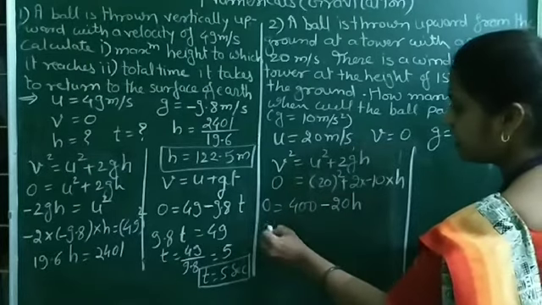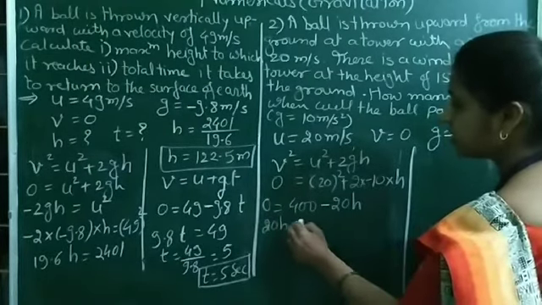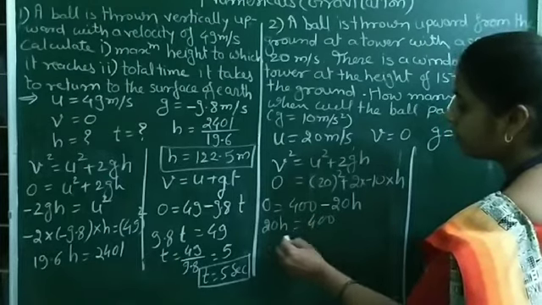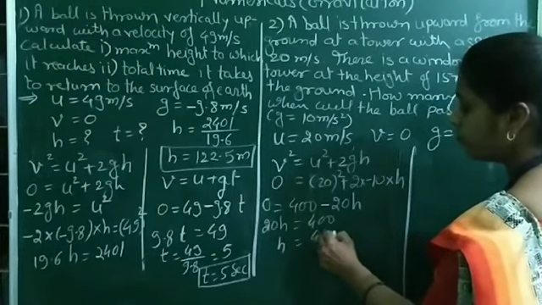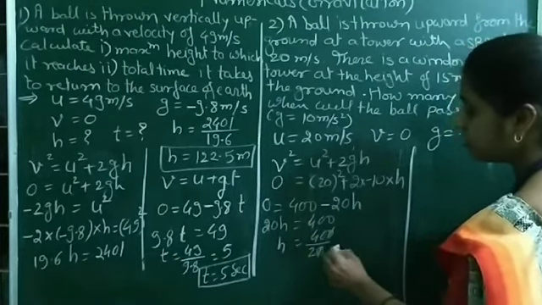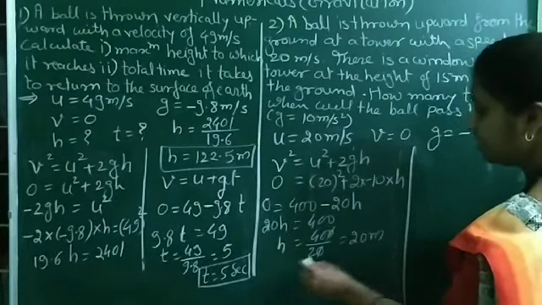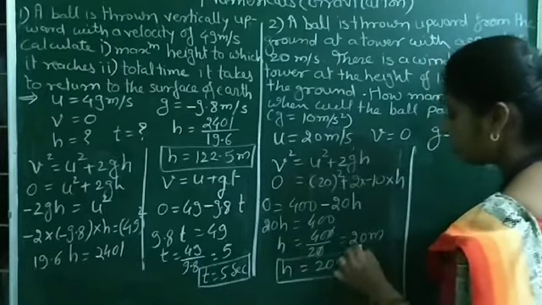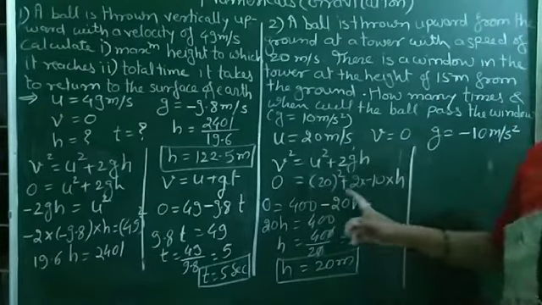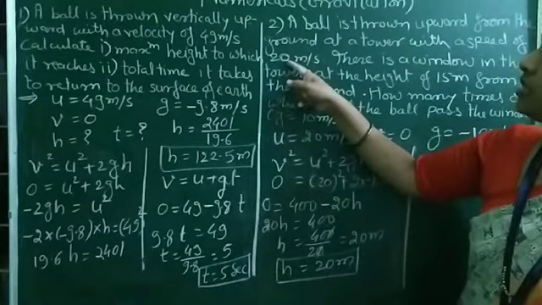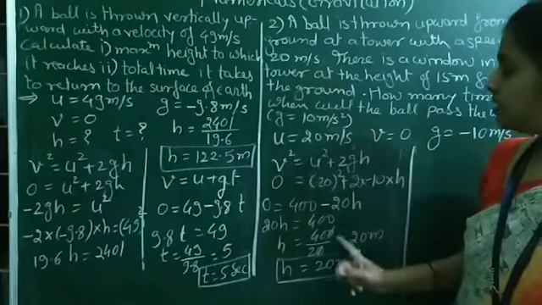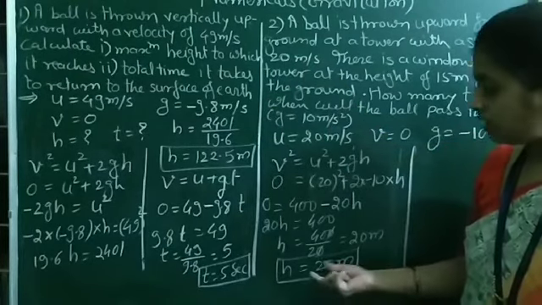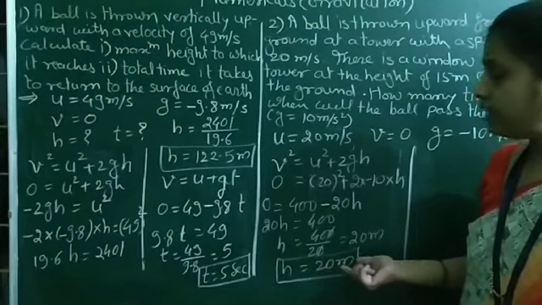So minus 20h becomes plus 20h is equal to 400, and therefore h is equal to 400 divided by 20, so it will be 20 meters. So h is equal to 20 meters. If the ball is thrown with a velocity of 20 meters per second, the ball attains a height of 20 meters.